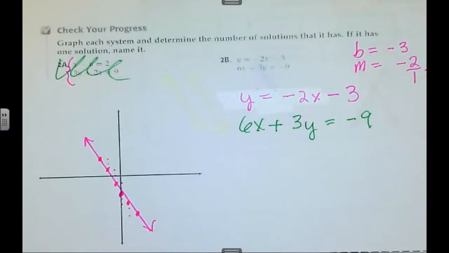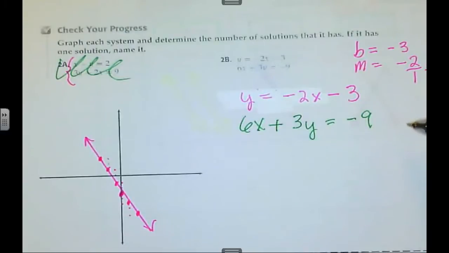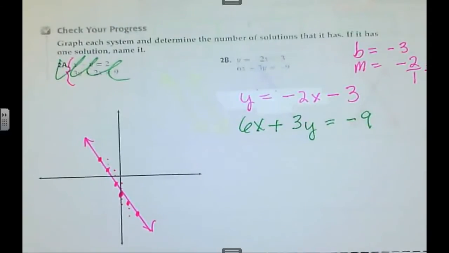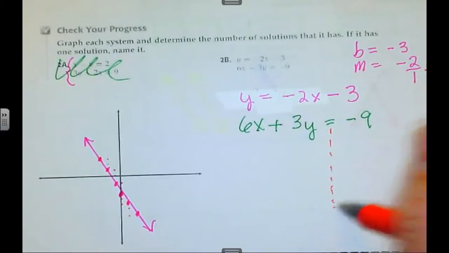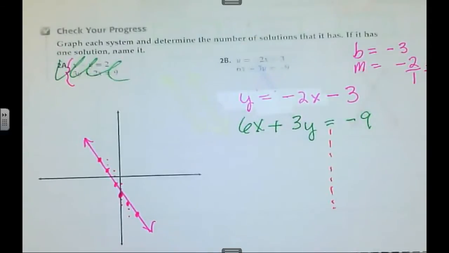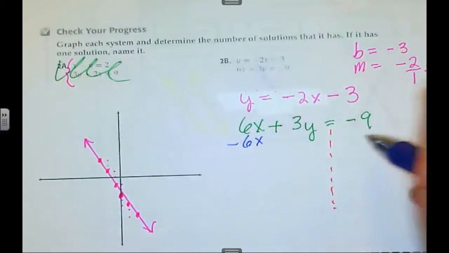Now, my second one. What do I have to do before I even graph this line? Have to put it in slope-intercept form first, right? Okay. So I'm going to subtract 6x from each side.